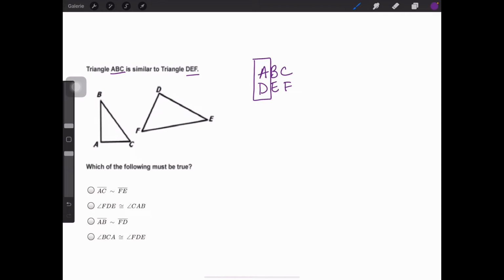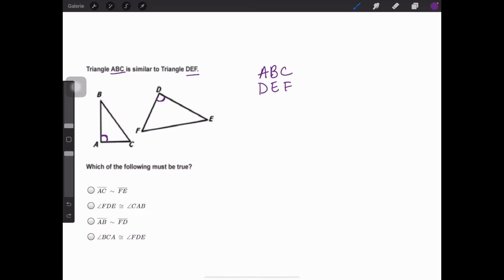A corresponds to D. I get that from my key, which tells me A and D have the same angle measurement. So I'm going to draw one arc for A and D. Next, my key tells me that B and E are corresponding.